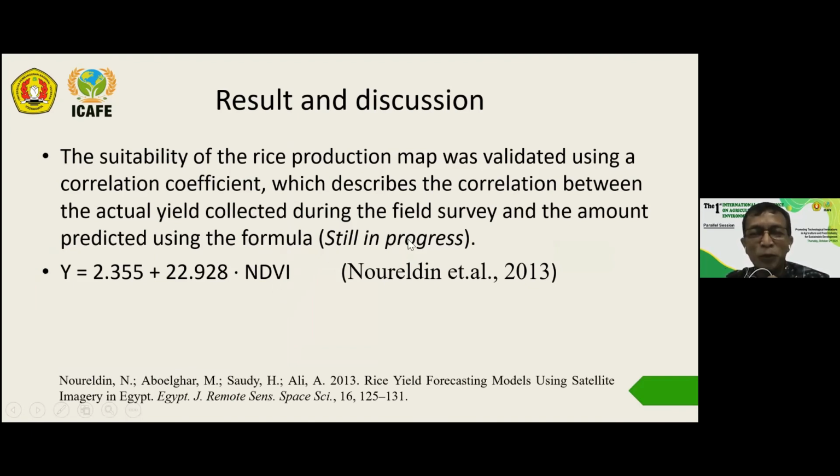What is still in progress is that we still have to validate the temporary map that I showed previously, because we have constraints in doing field checks and measuring directly in the field. We have to check which one has the best correlation with the actual yield.